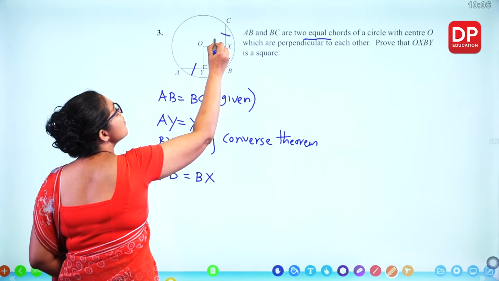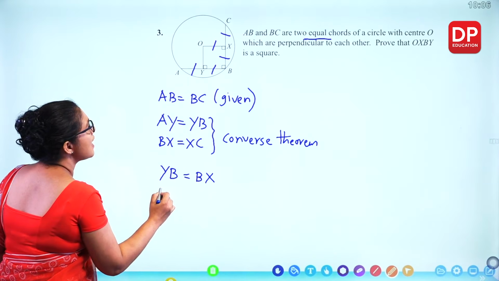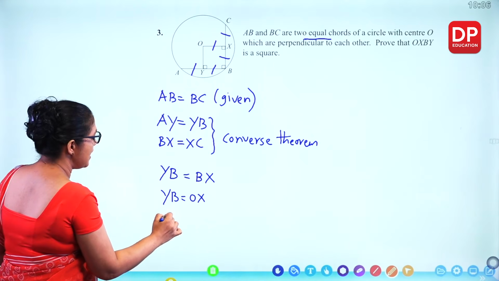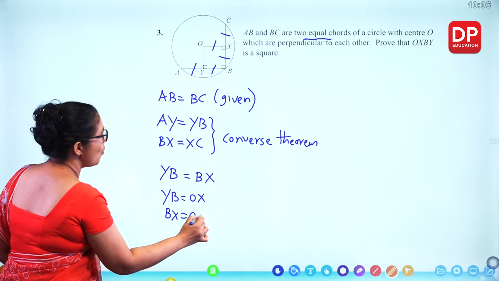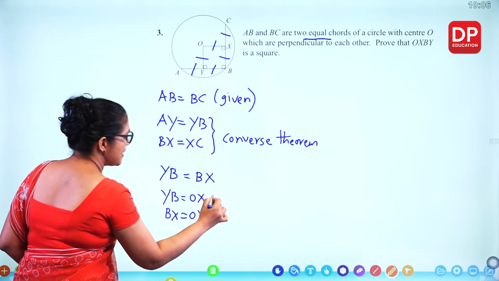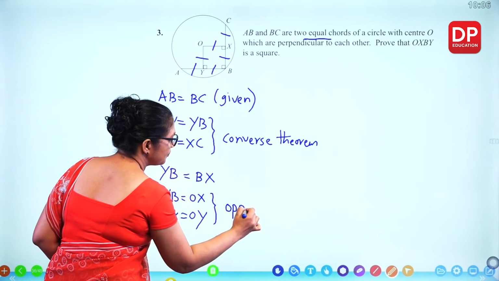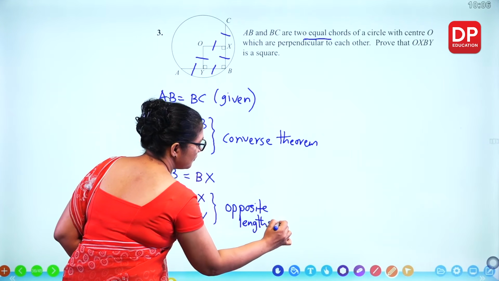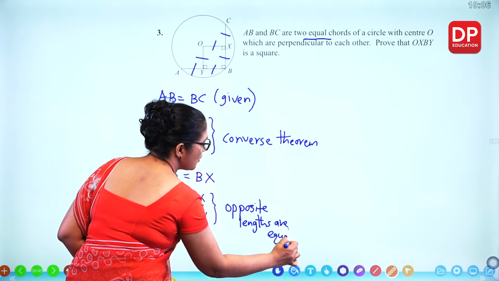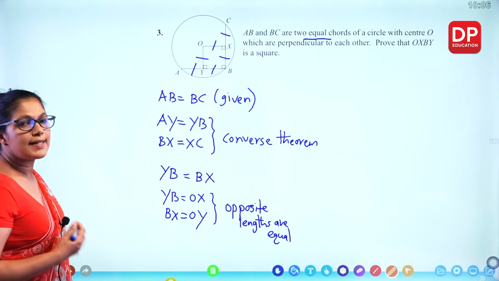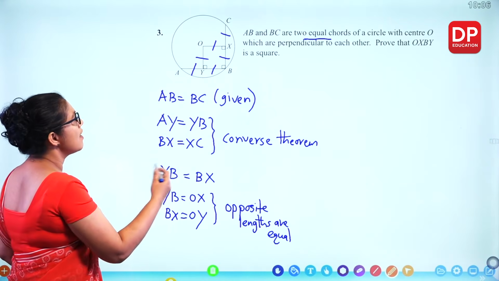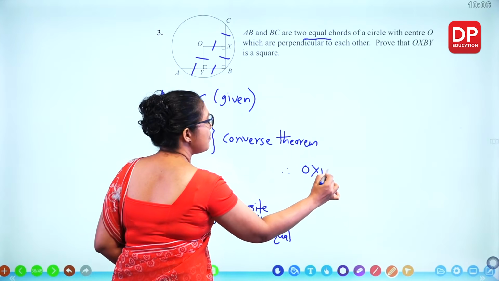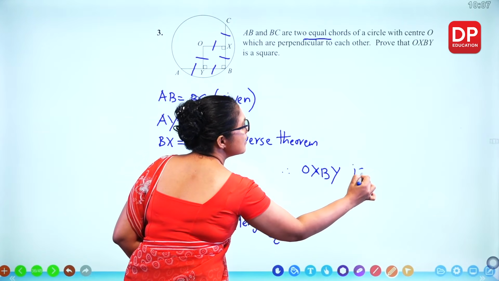So this side is equal to this side because they are opposite sides. So YB is equal to OX as well as BX is equal to OY. Now what can we see? All sides are equal. So we can say OXBY is a square.